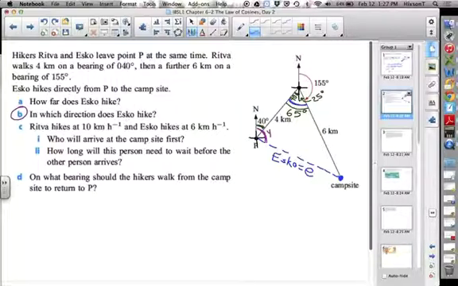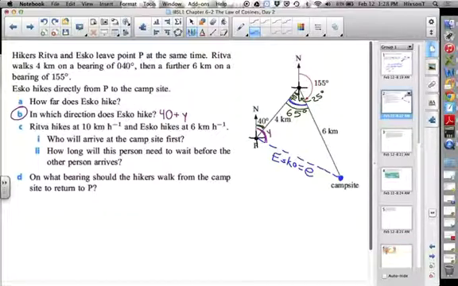So this is going to be 40 plus whatever y is. The angle from north to east is 90, and the other part is 50.